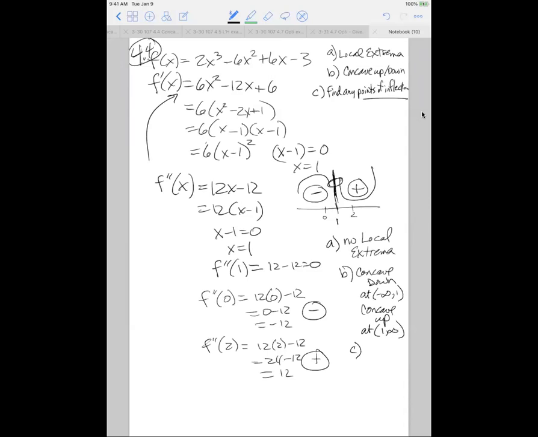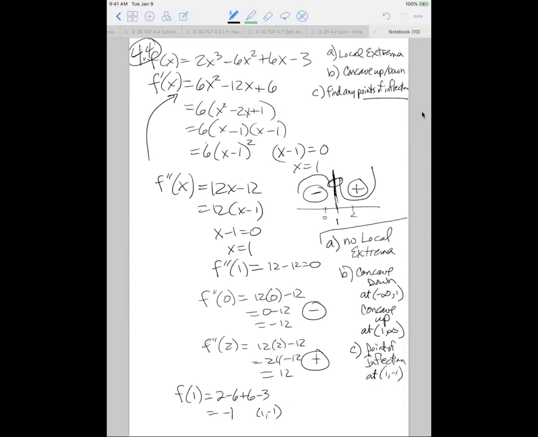Now let's verify what the value of that function is. We go back to the original function and end up getting 2 minus 6 plus 6 minus 3. Those 6's cancel, and we end up with negative 1. So we've got 1, negative 1: the point of inflection is at (1, -1).